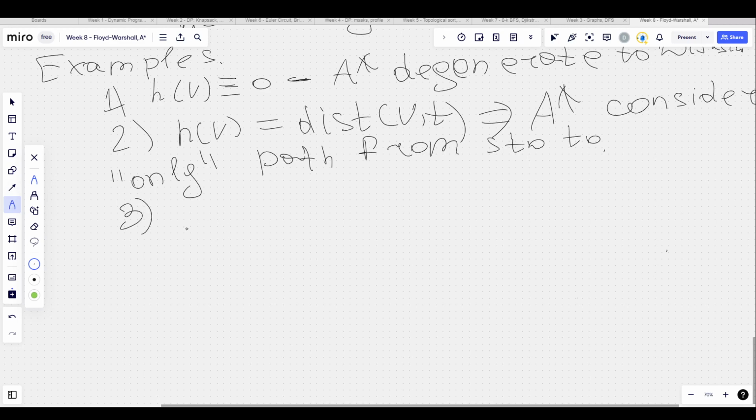And if the task is on R2, we can consider Manhattan distance. Our function will equal the Manhattan distance.